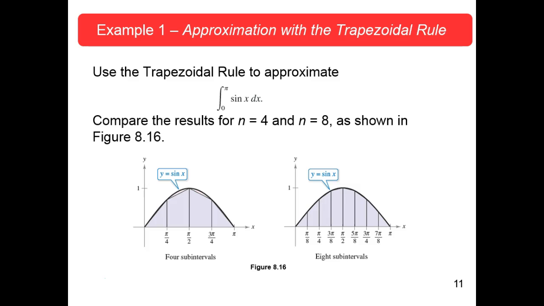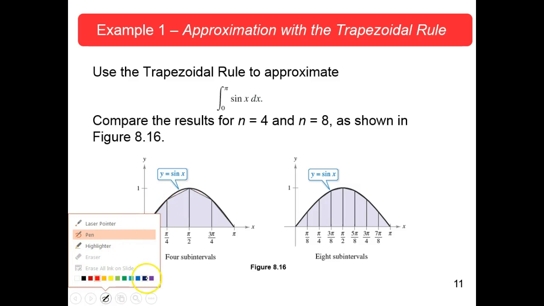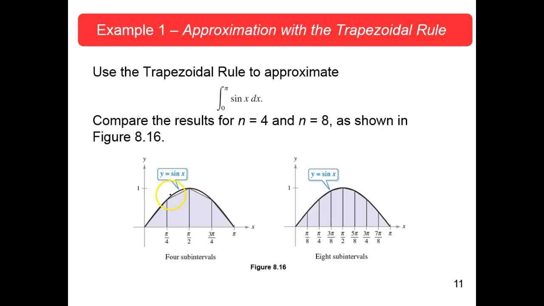Let me see if I can get a picture here. This was the trapezoid rule. Let me get my pen set up. You see that trapezoid here undershoots the graph there. The midpoint rule would take the midpoint of this interval and draw a tangent line there.